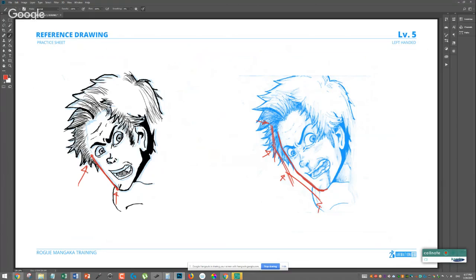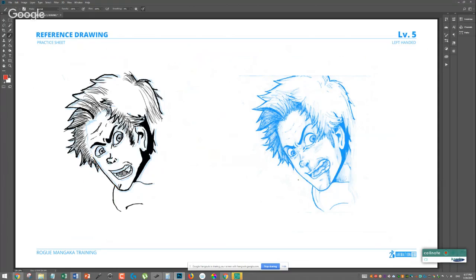There's a huge difference in there. And the hair, okay, maybe you can get away with it a little bit because in the hair you can always be a little bit messy, but the shape of the face is not working.